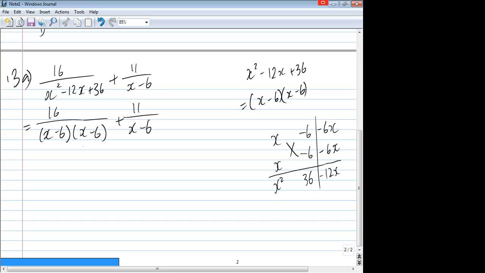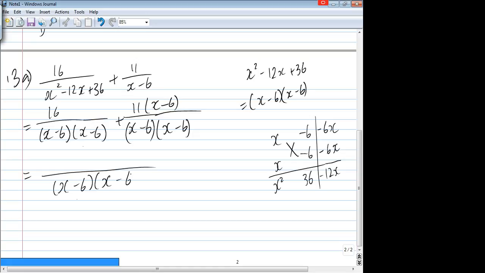And what do we do? Yes, we multiply it again by x minus 6. We do the same for the numerator. Otherwise, it wouldn't be equal. So now that the denominators are the same, I can combine into one big fraction, x minus 6, x minus 6.